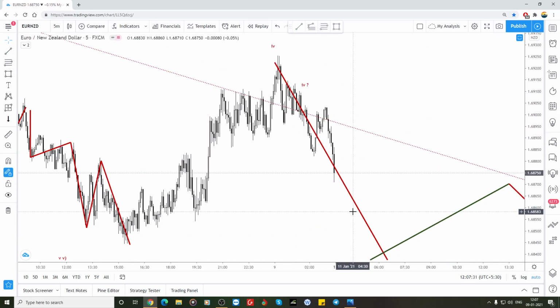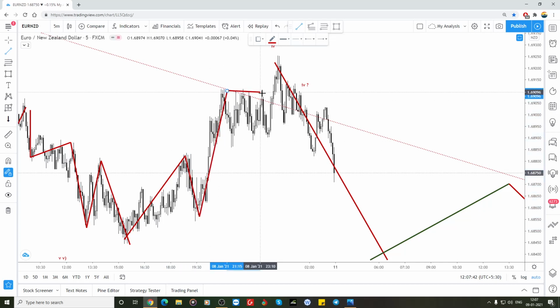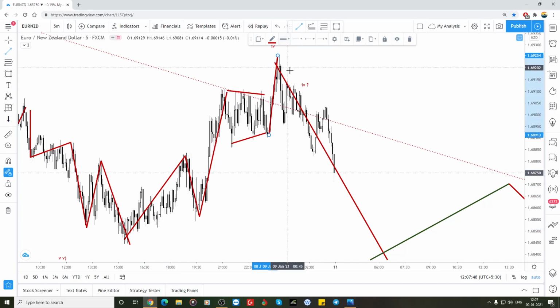See, in that C wave also, it's a wave 1, wave 2, wave 3, and wave 4 is a triangle. And in the fifth wave, in the midnight, I saw that there was a breakout, and immediately it came down.